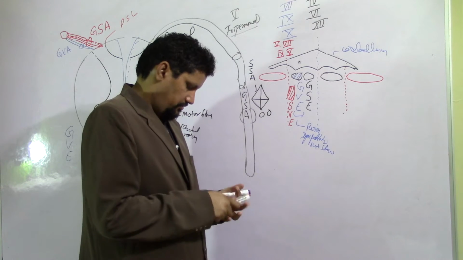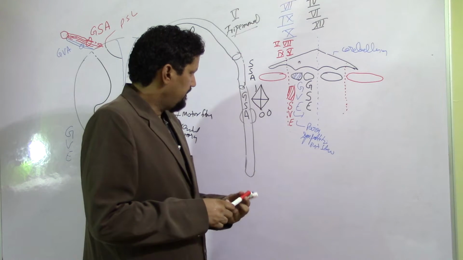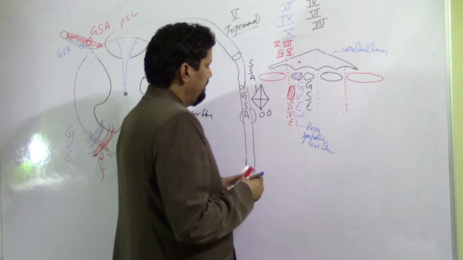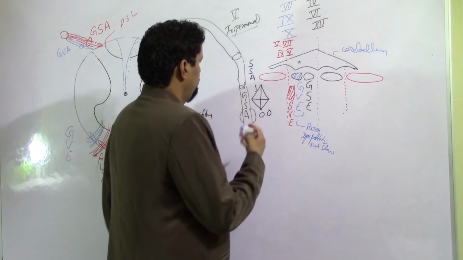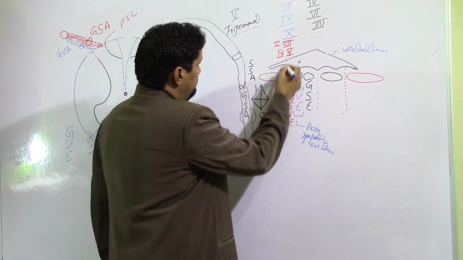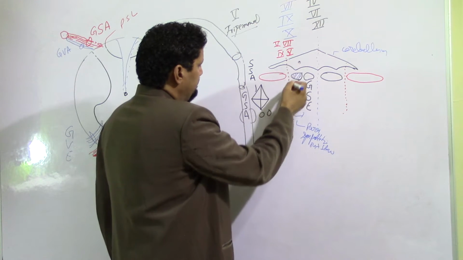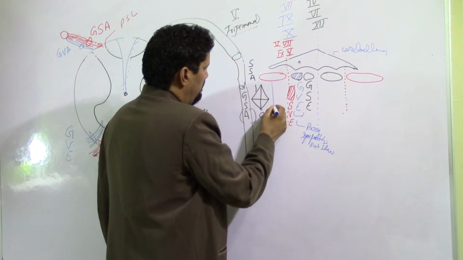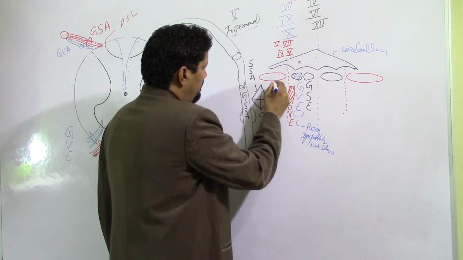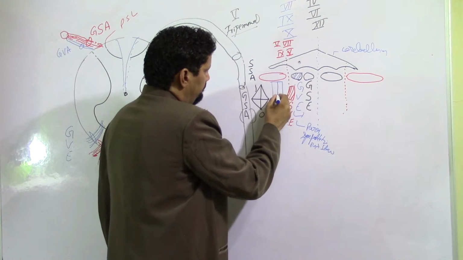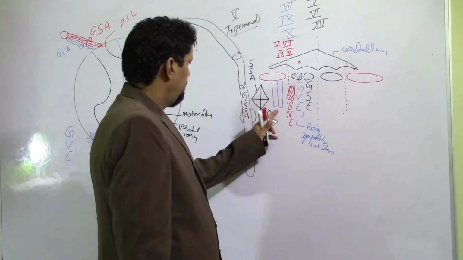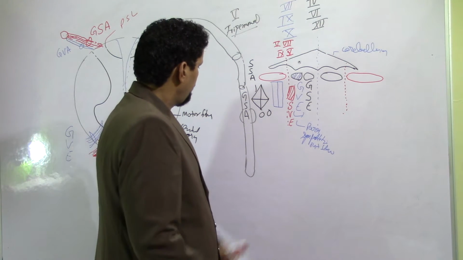Now one thin and long nucleus develops between this sulcus limitans and this special somatic afferent. It is viscerosensory.